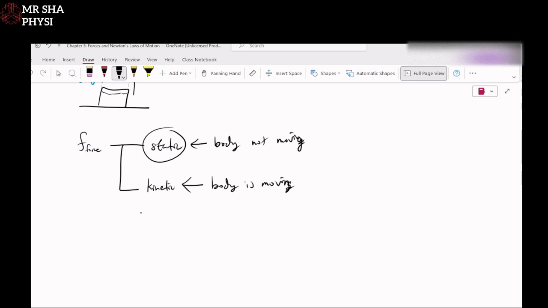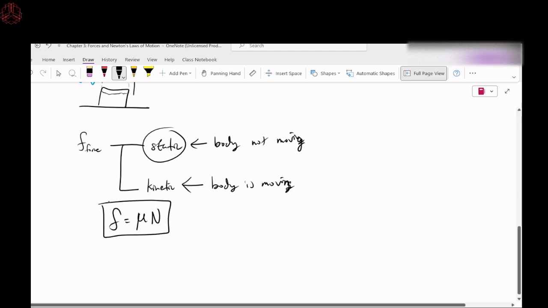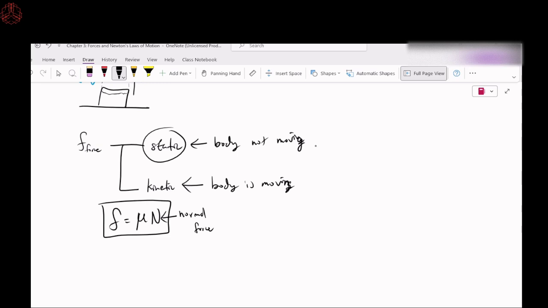And for frictional force, in general, we will have mu N as its equation, N being normal force. So if I'm talking about static friction, I will have written there static, and this is what we call the coefficient of static friction.